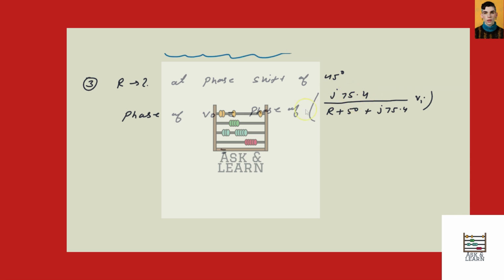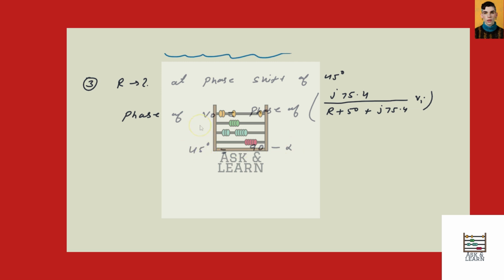The phase angle of the numerator is 90 degree, and since R is an unknown value, we assume the phase of the denominator quantity is alpha. Transferring it to the numerator side, the phase is 90 minus alpha, and this equals 45 degree, the phase shift in the problem.